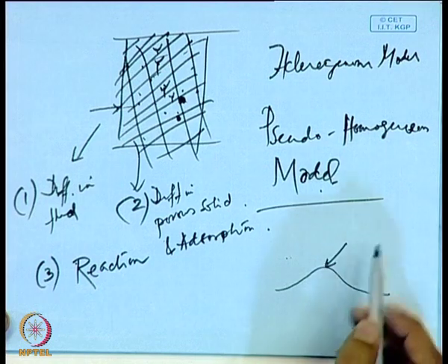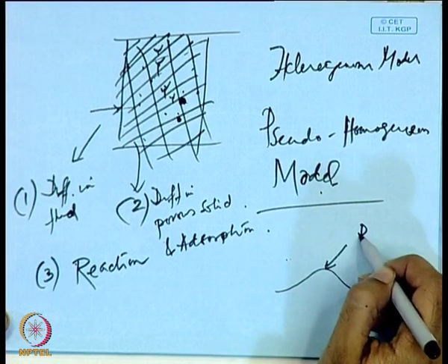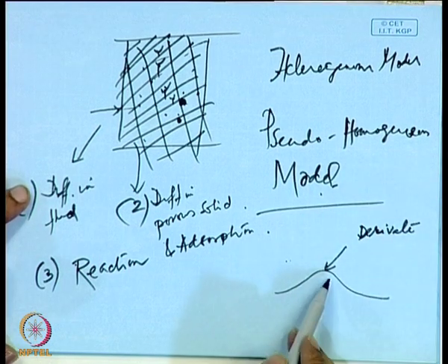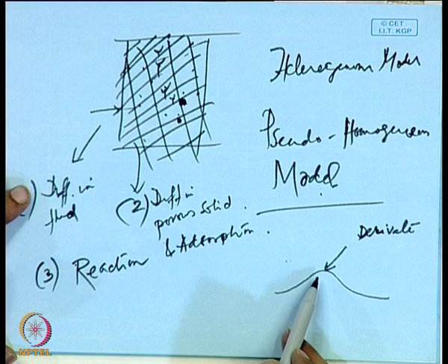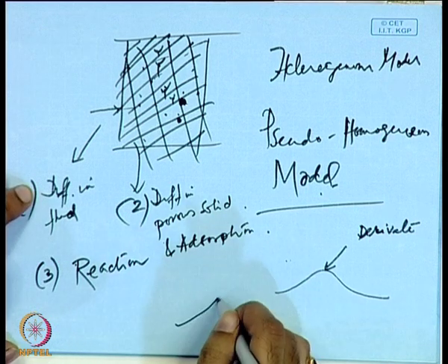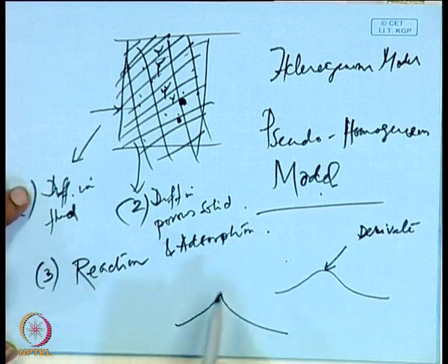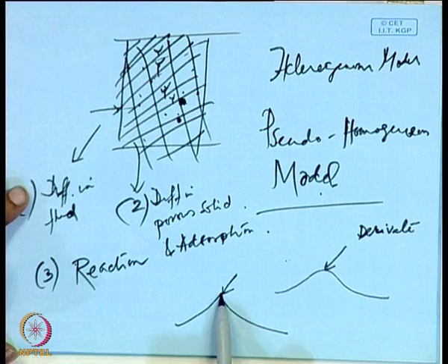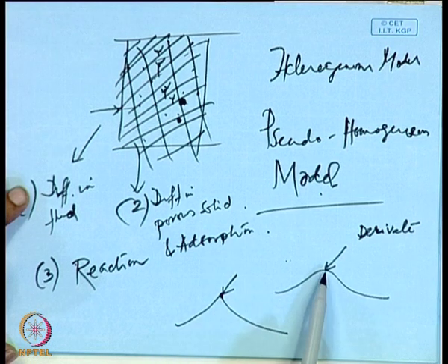So, at the smallest of scales, say for example, if you have a surface like this, and you are trying to take the derivative at this point, which point do you take the derivative in? You never know. Or if you have a surface like this, we can say that at the macroscopic scale this is a singular point, because you cannot define the derivative here, and this is a non-singular point.